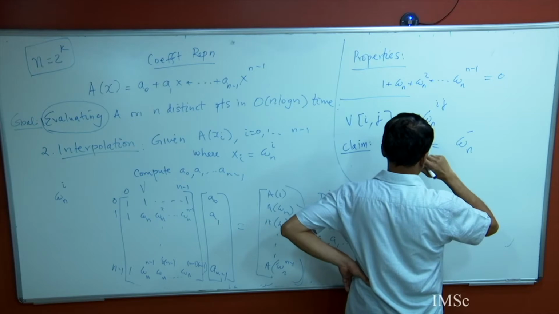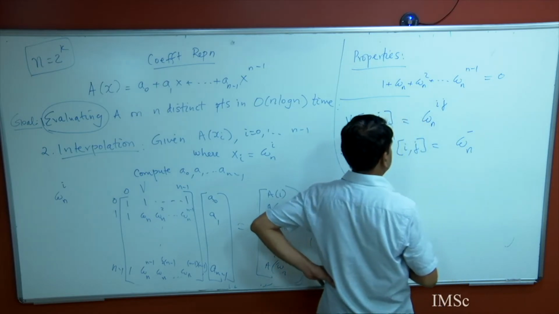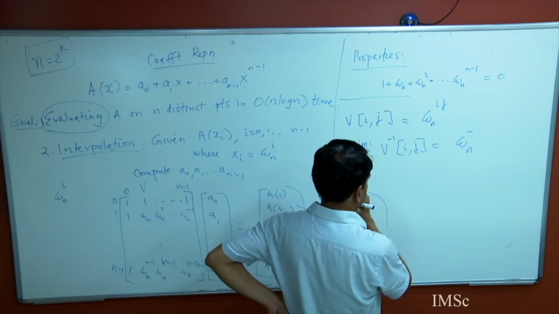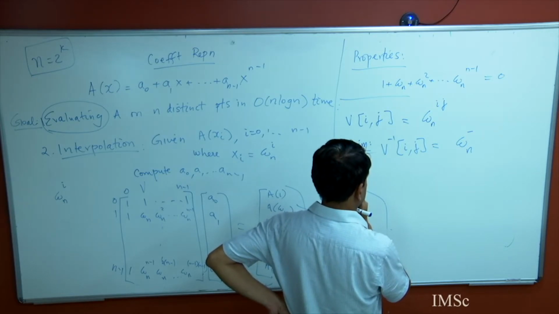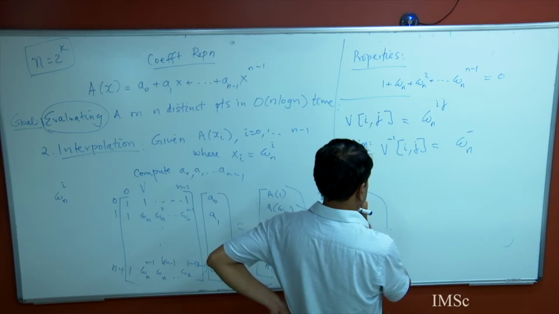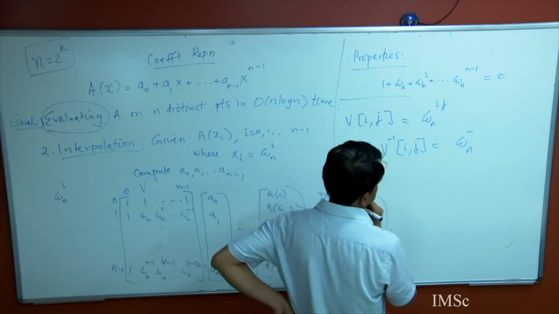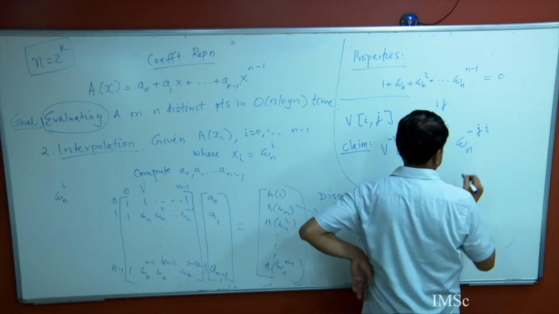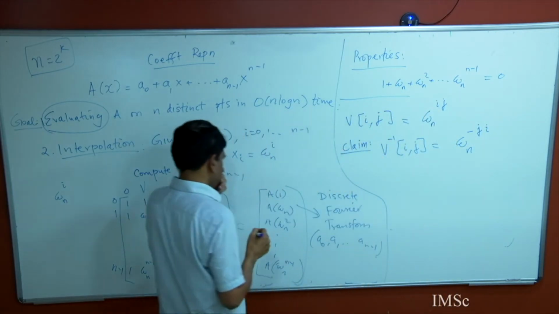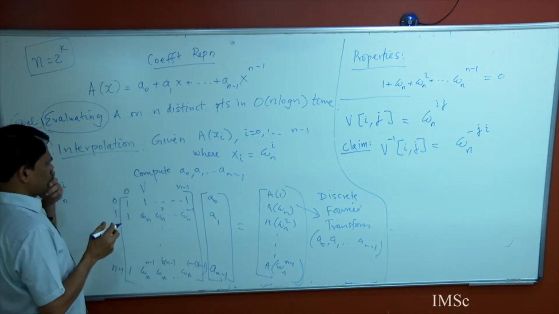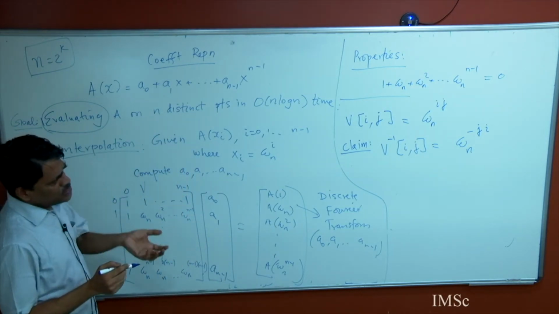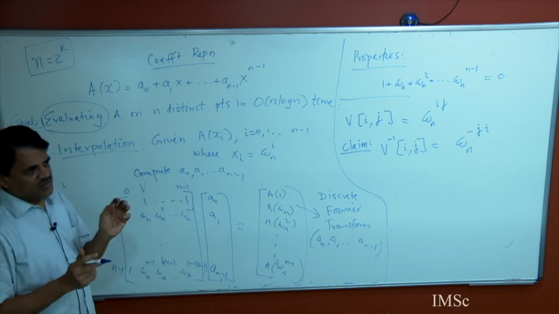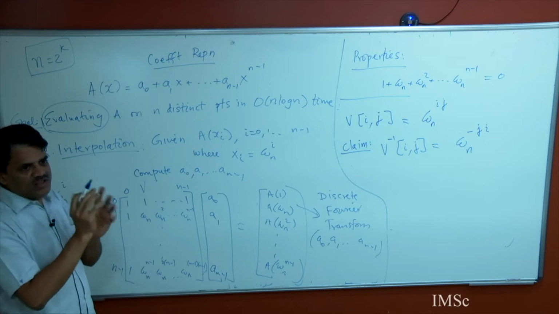What does omega_n to the power of minus something mean? Basically n minus that, because omega_n to the power n is 1.